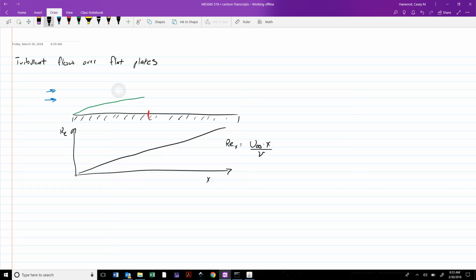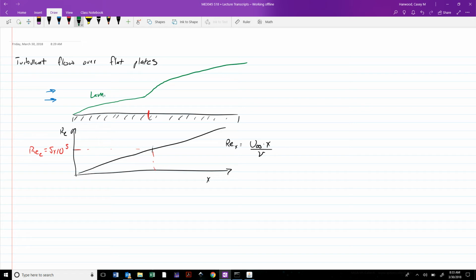At some point, when that Reynolds number hits a value of approximately Re_c, which is equal to 5 times 10 to the 5th, we get this transition to a turbulent boundary layer.